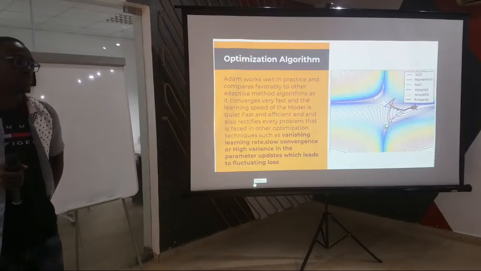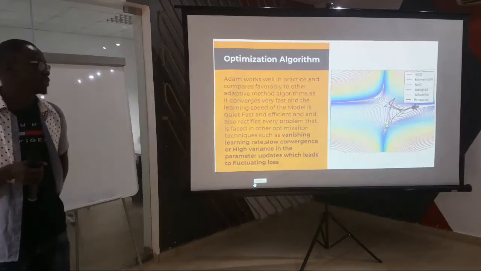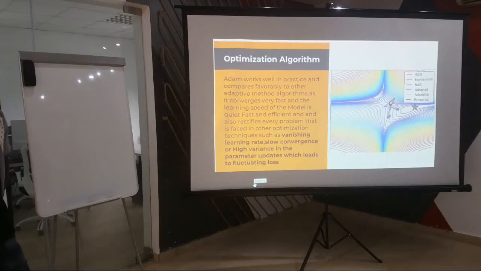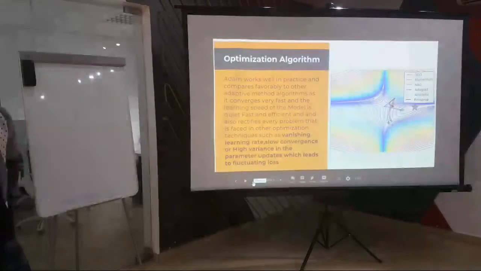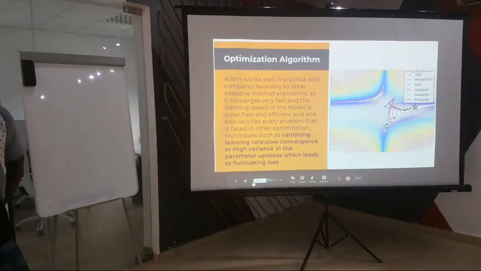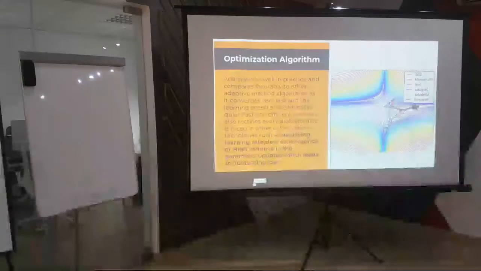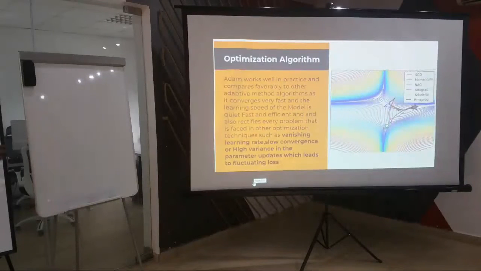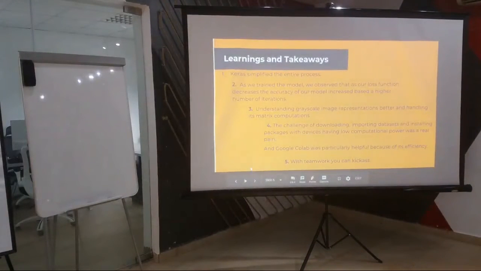It converges very fast. It helps us reduce the vanishing learning rates. It deals with the problem of slow convergence or high variance in the parameters, with fluctuating loss. Learnings and takeaways.